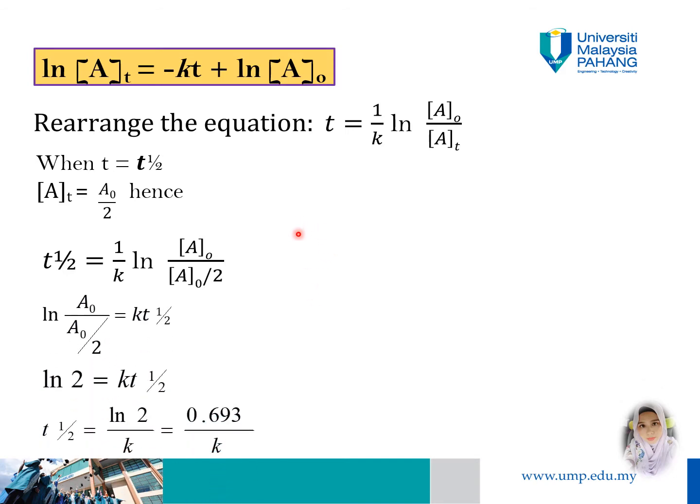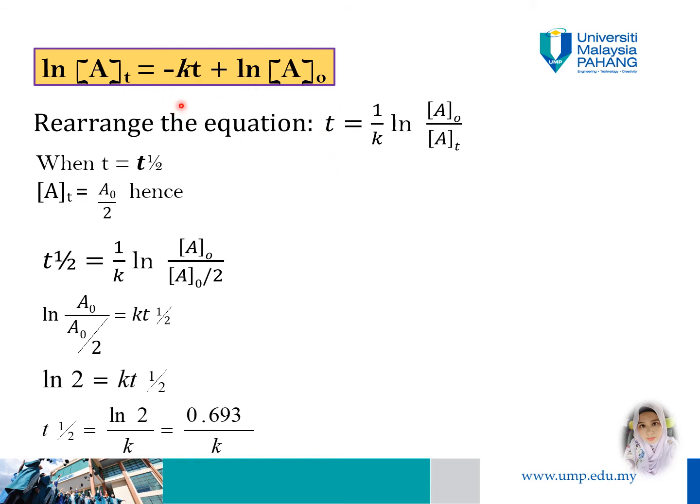So the half-life for the first order reaction means the time taken from the initial concentration to be half, which is the concentration at time t is equal to A naught, the initial concentration, over 2.